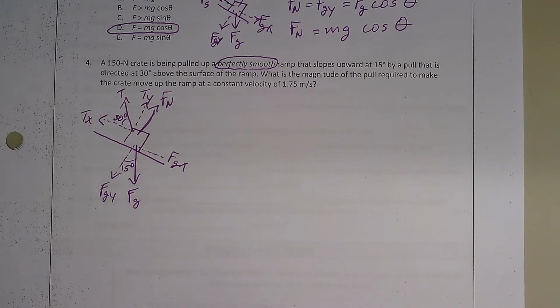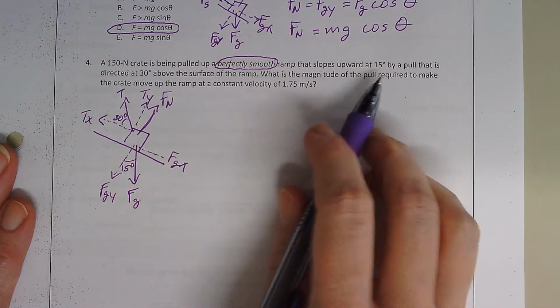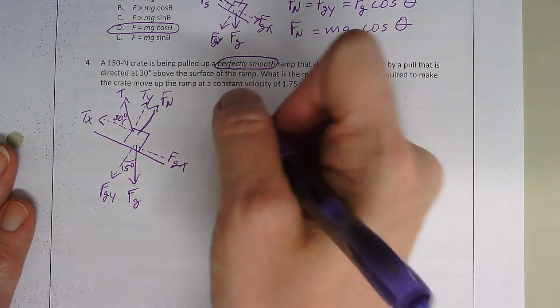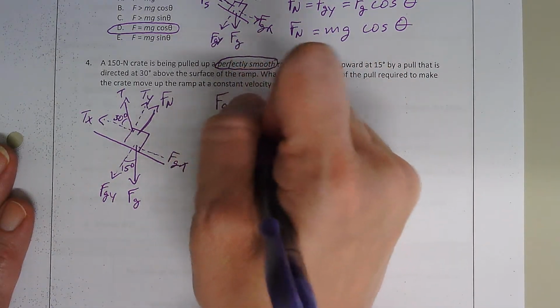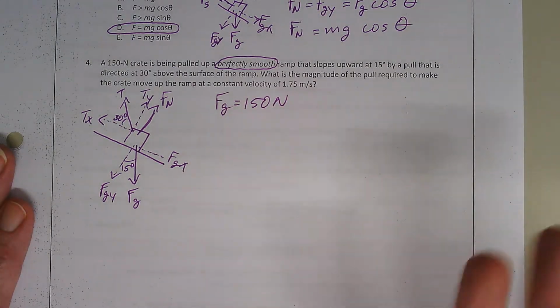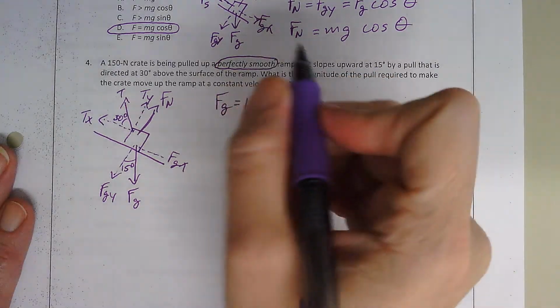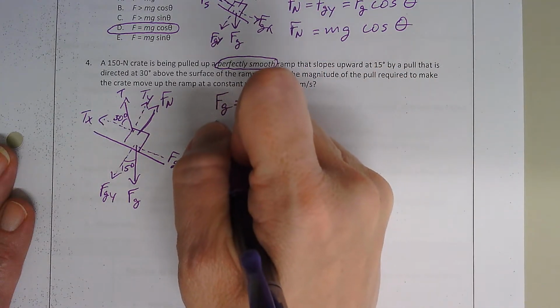Yay, more things. Okay, so I'm going to start with my Fg. It's a 150 Newton crate, so that's telling me my Fg is 150 newtons. You don't have to do math for that. Then I can find my Fgx and my Fgy.